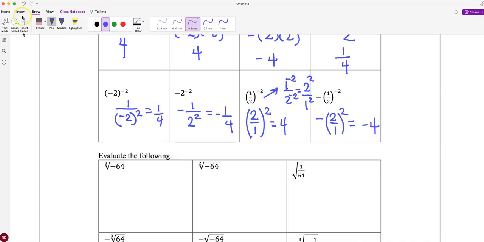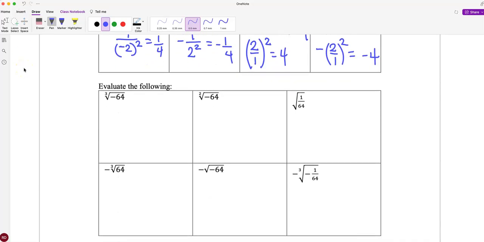Now let's evaluate some of these. The cube root of negative 64, a number that gets multiplied 3 times to give me negative 64. So that's going to be negative 4 times negative 4 times negative 4. So the cube root of this is negative 4.